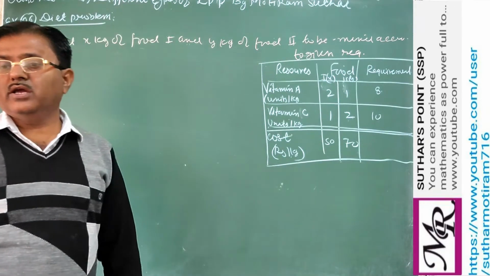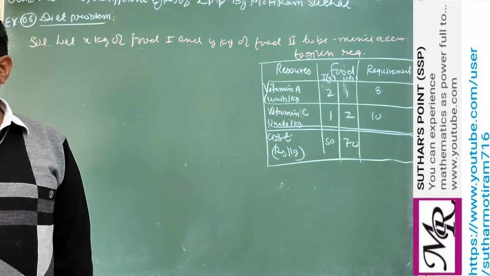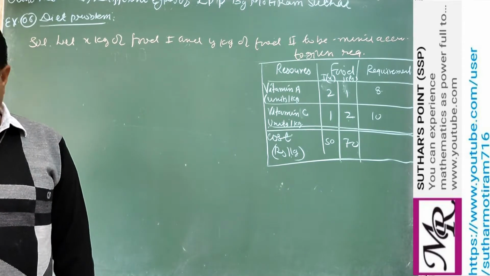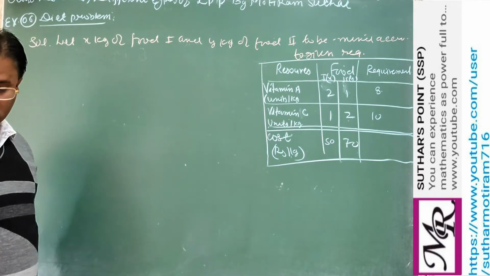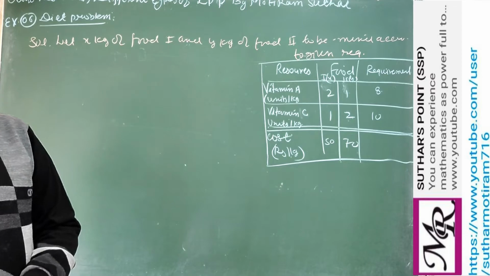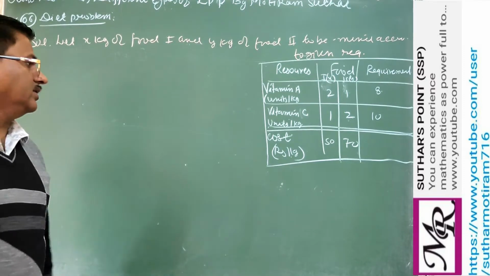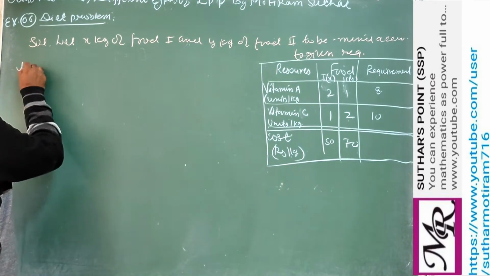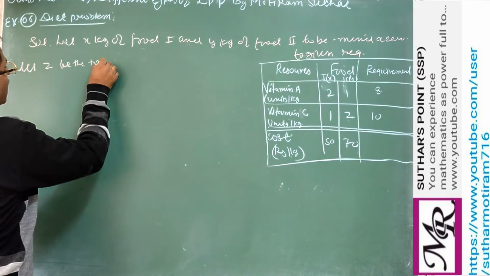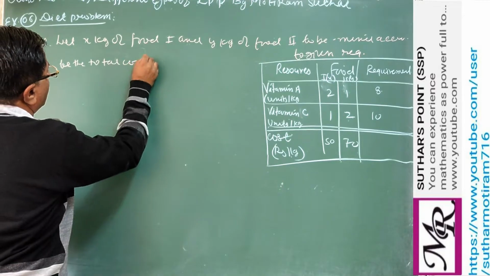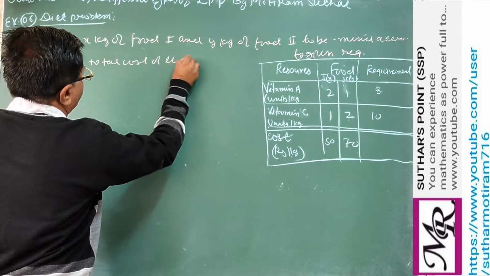This means we are taking x kg of the first type of food and y kg of the second type of food. Directly I am writing here: let z be the total cost of the food.